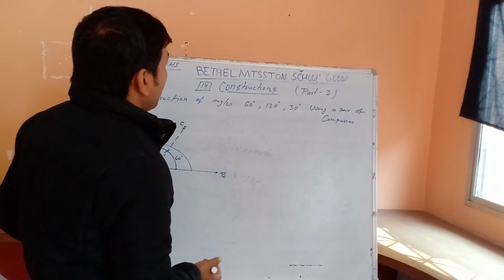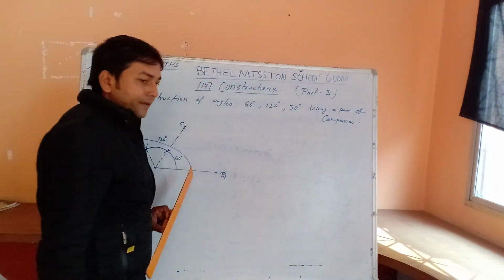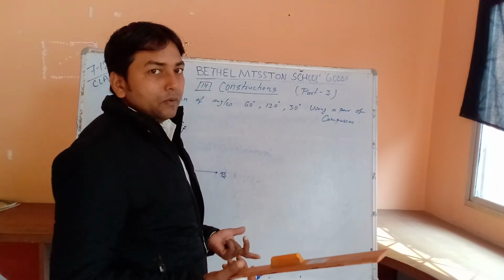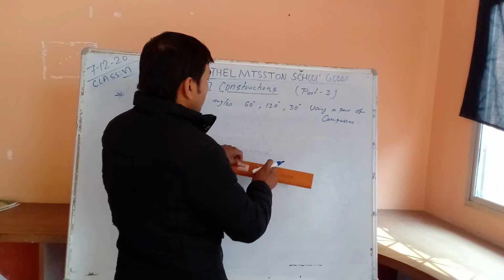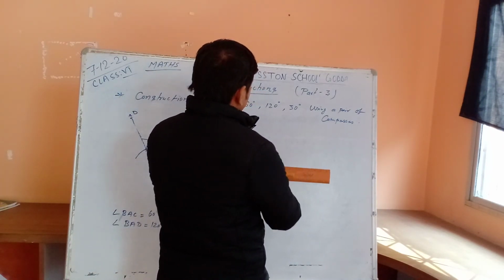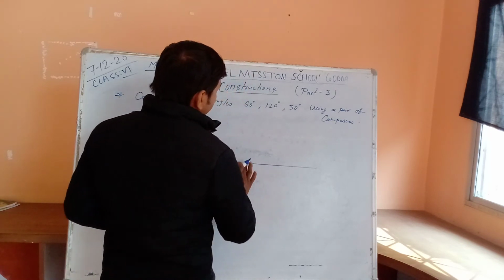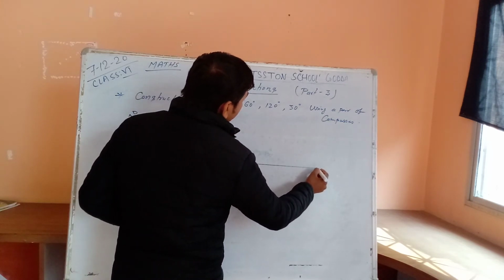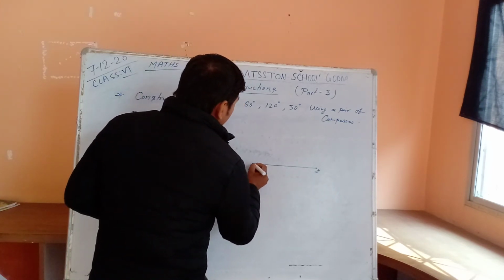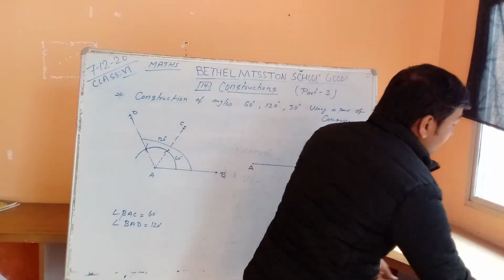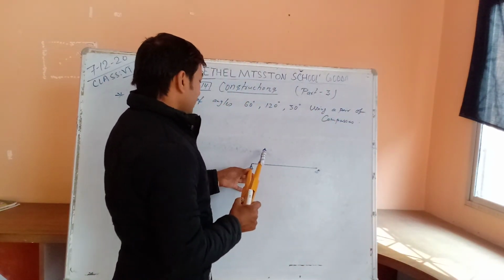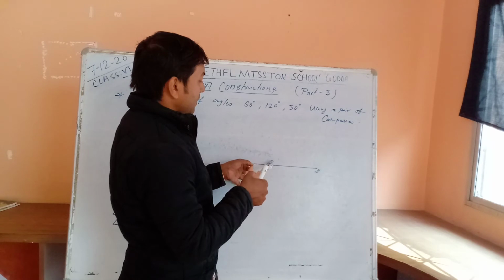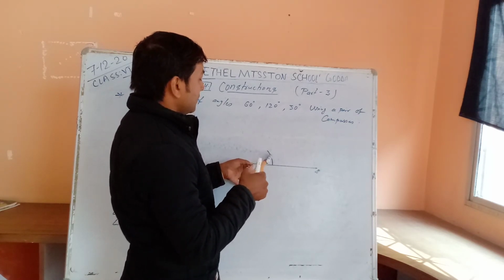Now if you want to draw 30 degree, then how can you do? If we draw 60 and then divide, only then we can get 30 degree. So draw first 60 degree, give the name AB, this line. Now at the center A, we have to draw an arc.